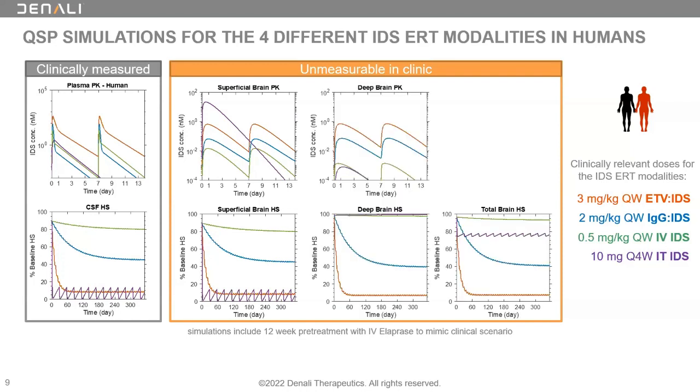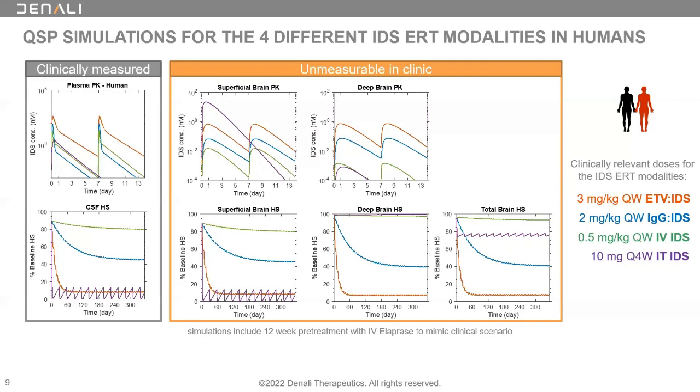But now, if you look at the predictions for the same IT administration of elaprase in the deep regions, you see that purple profile is fairly low. That means the penetration into the deep region of the brain is not captured or predicted by the model based on the data that we have.